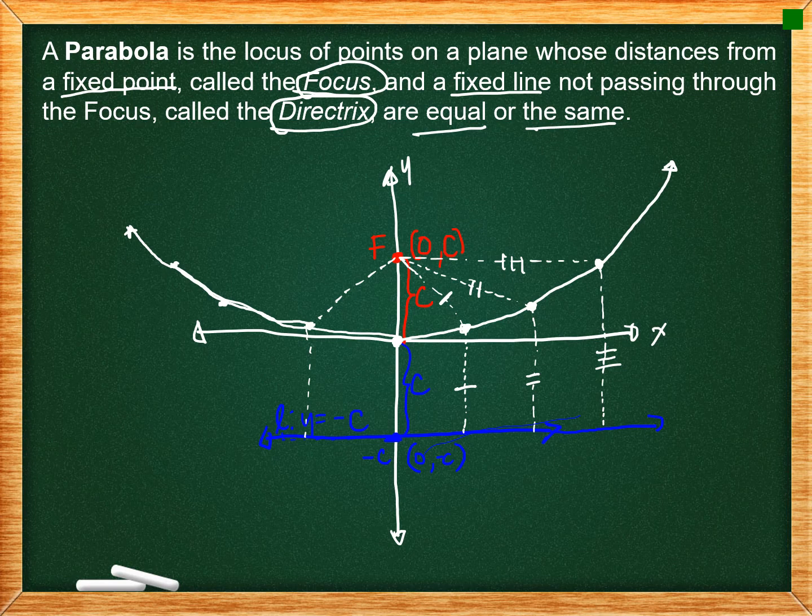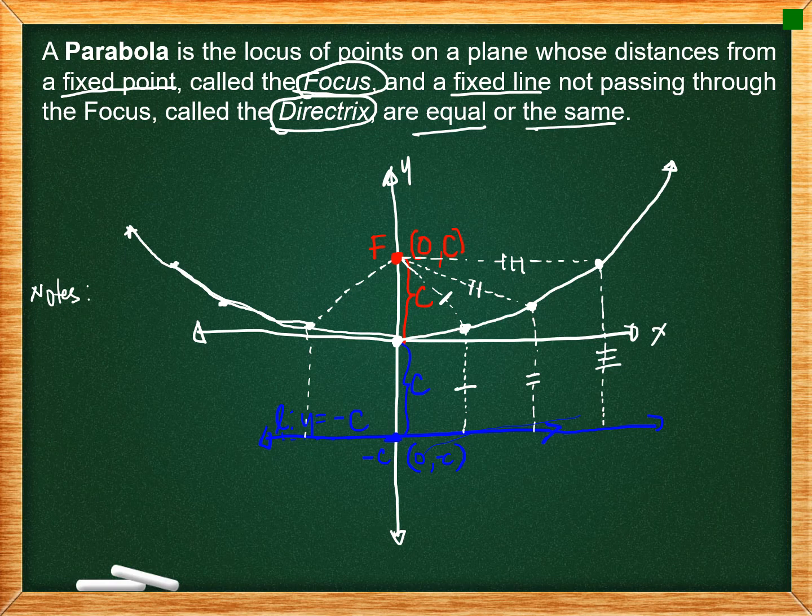Now let's try to observe our graph. Let us look at the focus. Let's give emphasis to the focus, this one. Let's try to write our notes on the side, important notes that we can get from this part.